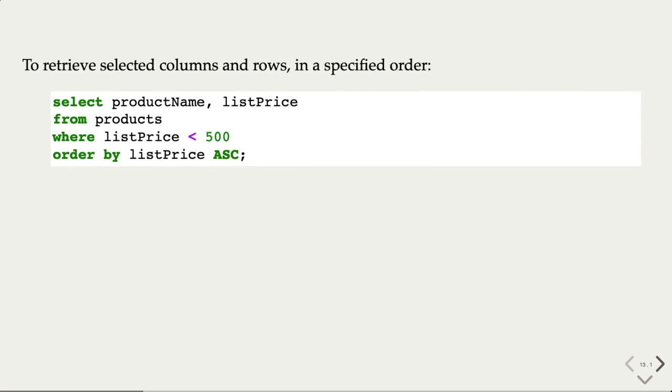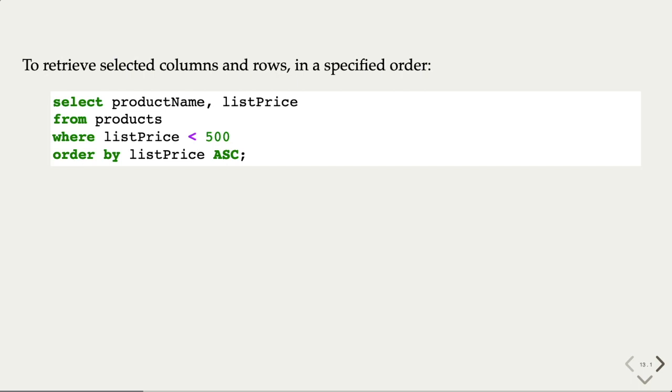Now, you can also retrieve selected columns and rows and put them in a specific order. For example, if you only want to show product name and list price, you can do select product name, comma, list price, if these are the only 2 columns you are interested to see from the products table. And then of course you can put a where condition to look at the data records that you are interested in.